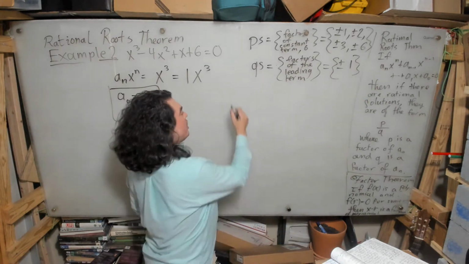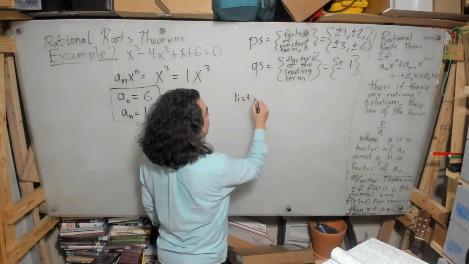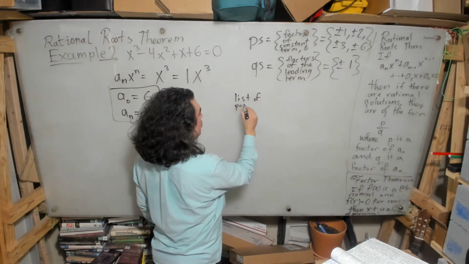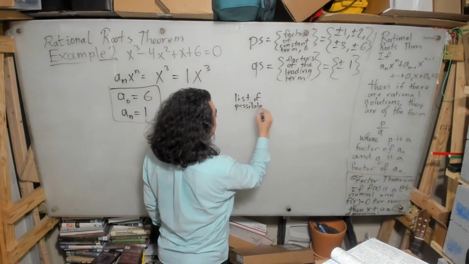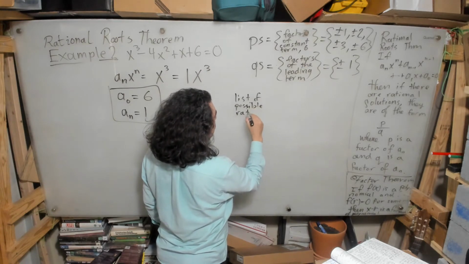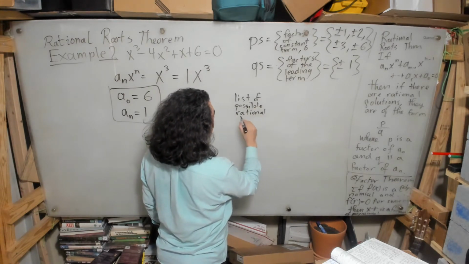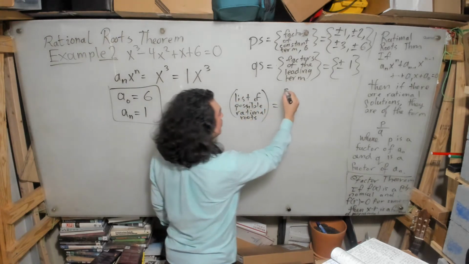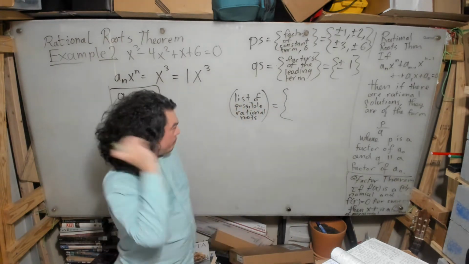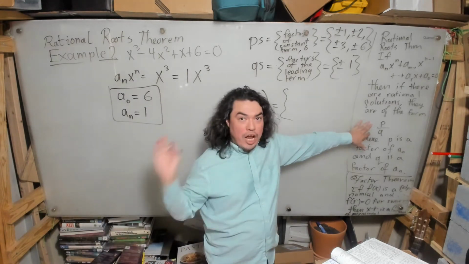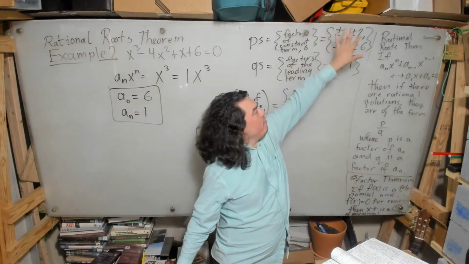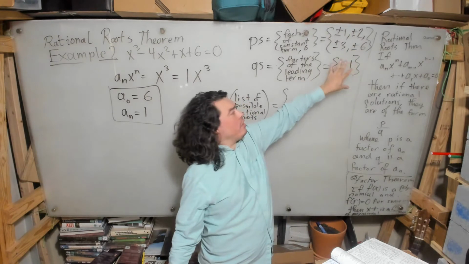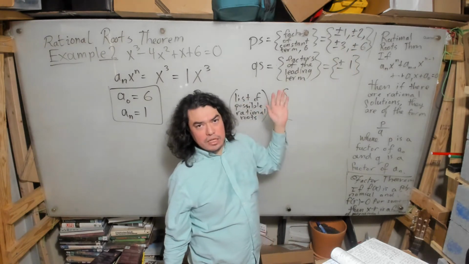And so now we're going to make our list of possible rational roots. How are we going to do that? We're going to form all the possible fractions with one of these selected as a numerator, and one of these selected as the denominator.